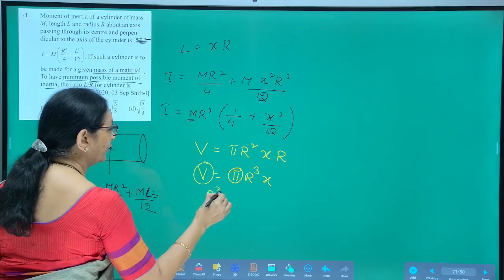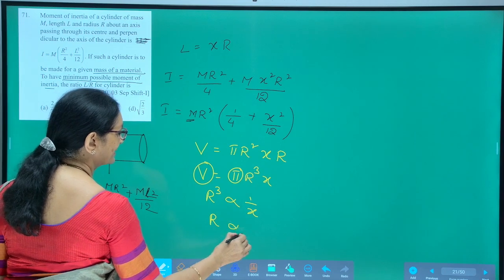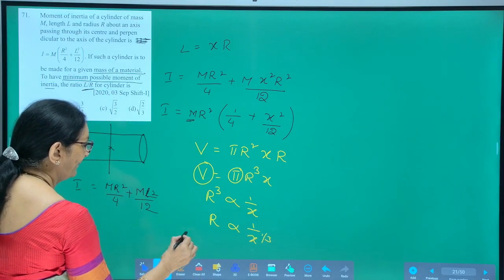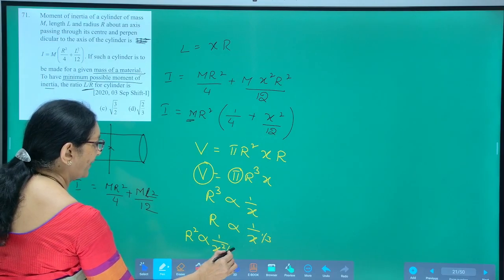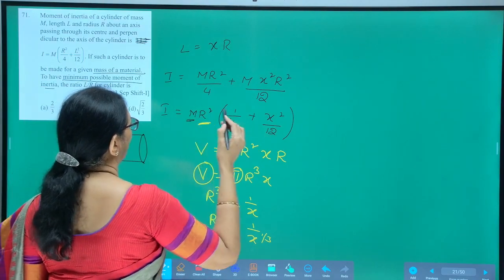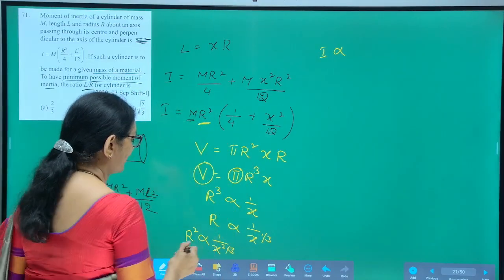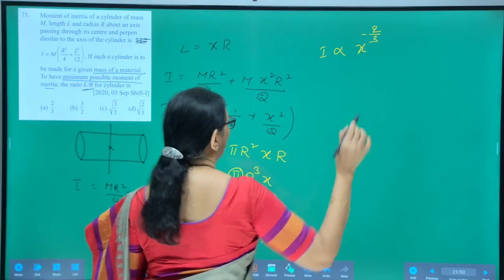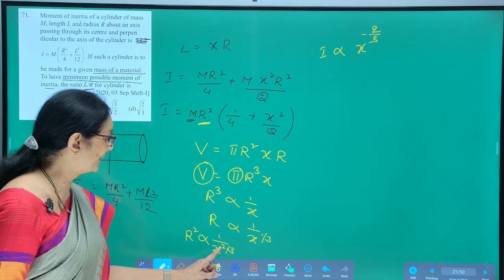So, R cube is inversely proportional to x, or R is inversely proportional to x to the power of 1 by 3, which implies R square is inversely proportional to x to the power of 2 by 3. Substituting that, I is proportional to R square, which is proportional to x to the power of minus 2 by 3.